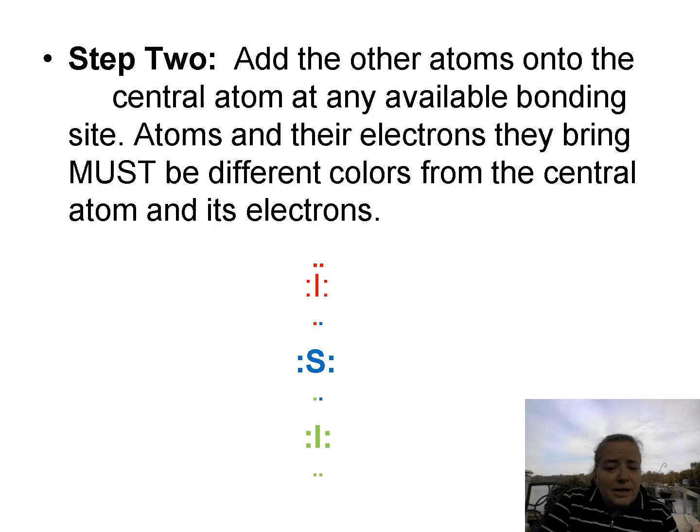So that completed iodine, the red iodine on top, gets to count that blue one from the sulfur. The green iodine on the bottom does very much the same thing. If you count the ones around sulfur, sulfur now has the original blue ones it had before, plus two more: one red one from one iodine and one green one from the other iodine.